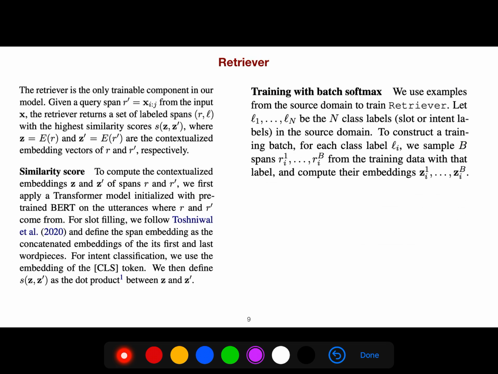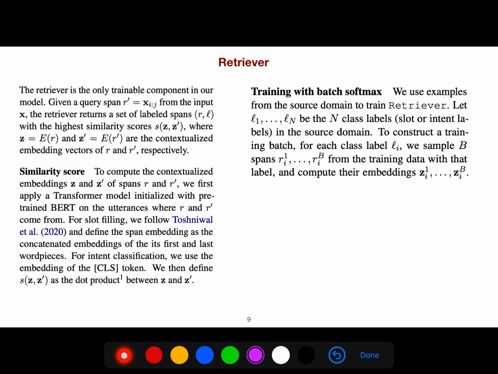So the retriever is the only trainable component in our model. So given a query span from the input X, the retriever returns a set of labeled spans with the highest similarity score. So the retriever in this paper is different from what I was talking about. Of course, not totally different, but they just retrieve a set of labeled spans.